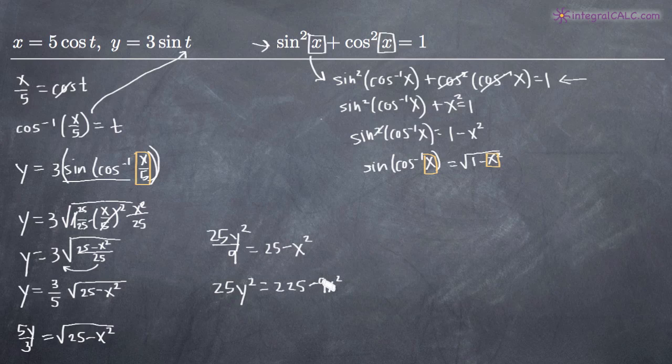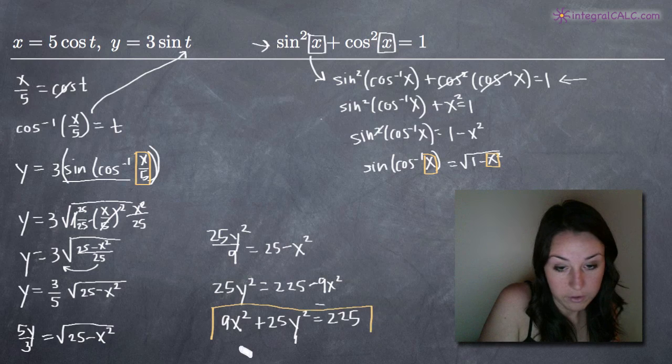Then I'll just go ahead and add 9x squared to both sides. So I'll get 9x squared plus 25y squared equals 225. That's the cleanest way to write it, having both variables on one side like that and then the constant. So this will be our final answer, 9x squared plus 25y squared equals 225.